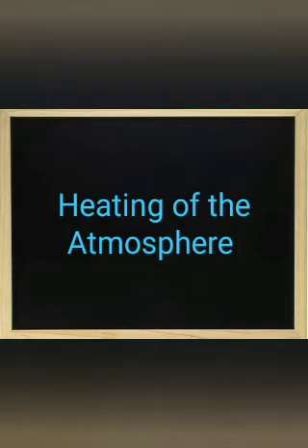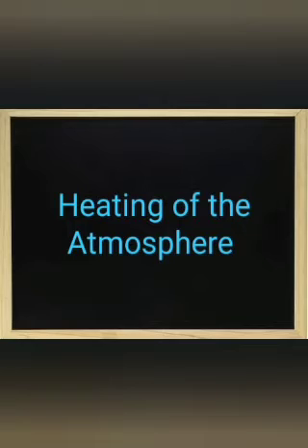Okay. Now we move to the next topic called heating of the atmosphere. We know about solar radiation, which is also termed as insolation. So, first of all, the sun rays heat which one? Heat the surface of the earth, isn't it?